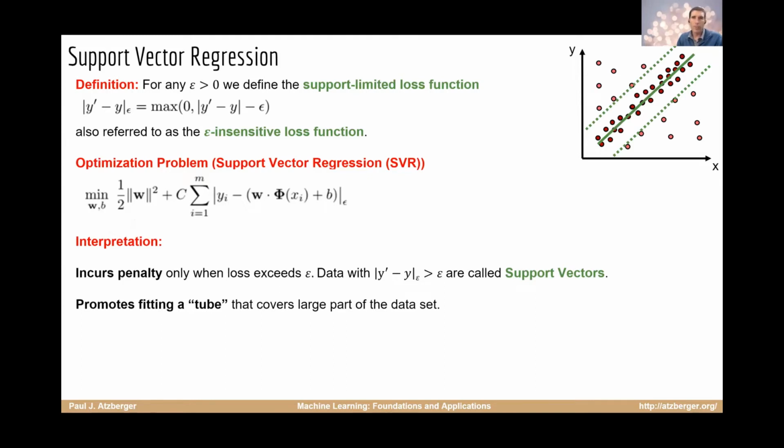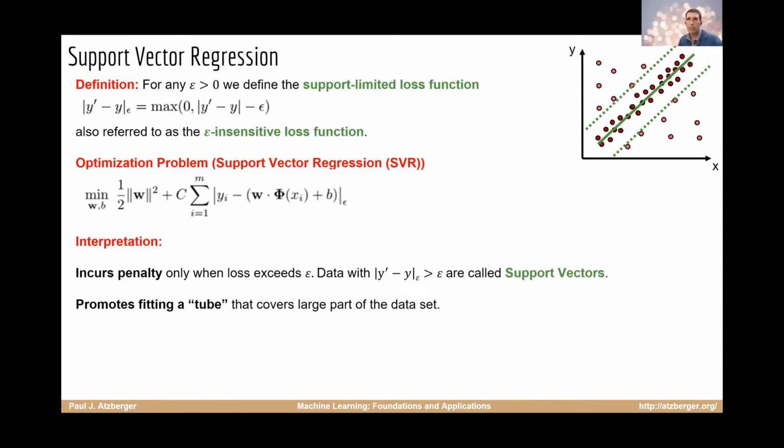Okay, so the interpretation of this is as follows. You're only going to incur an error for stuff that lies outside of those dotted lines. And then basically what this is going to cause the fit to do is to try to use the curve to overlap as much of the data as it possibly can.